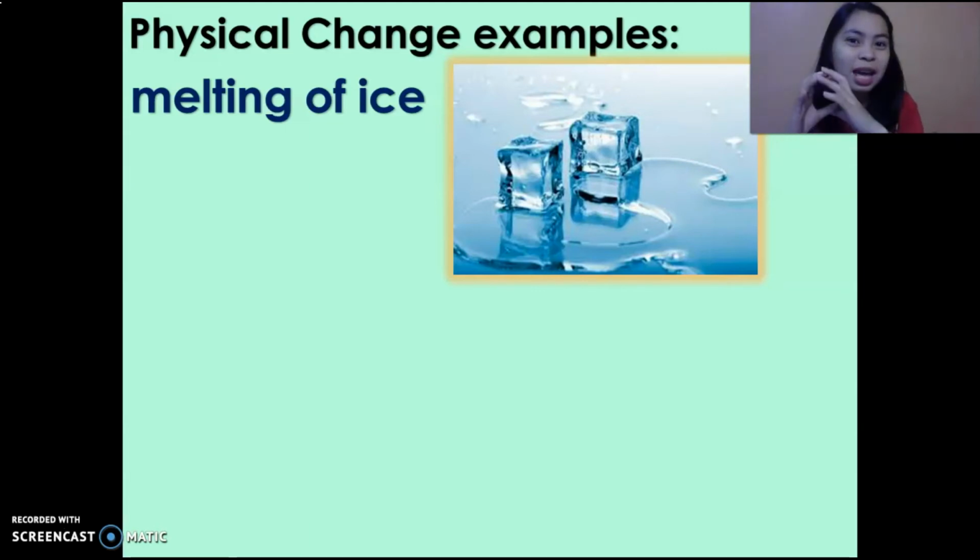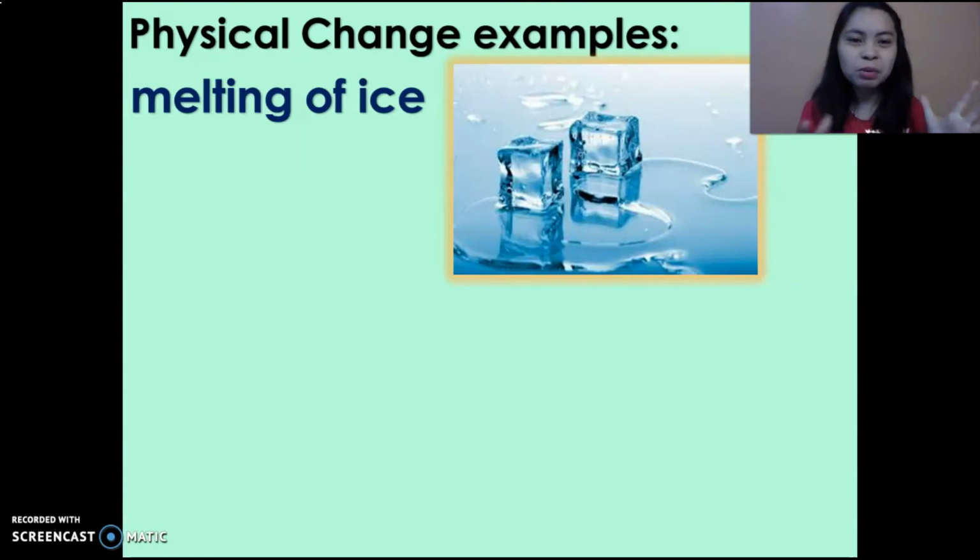Remember? Ice is solid, right? And remember, melting of ice, so it will melt. So the ice will become water. And what state of matter is water? Correct, it's liquid.